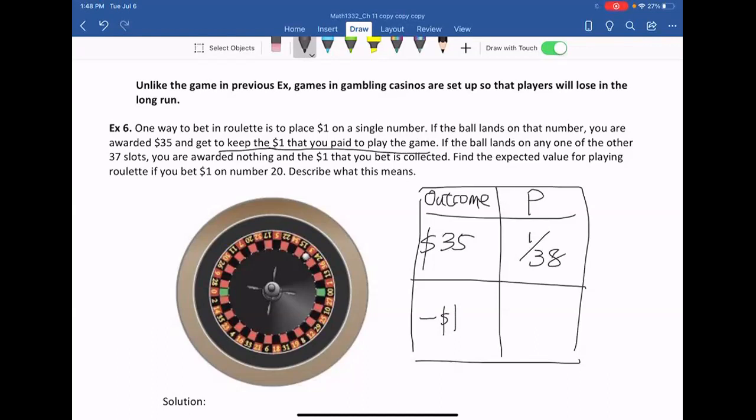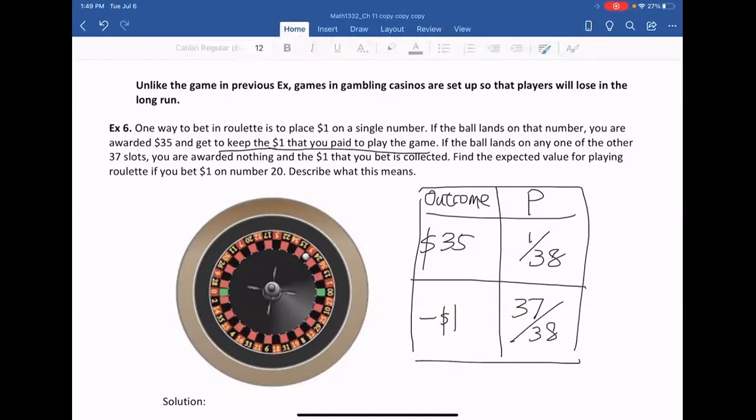The probability of the ball landing on the number I chose is 1 over 38 because in total we have 38 slots. The probability of losing $1, or losing the game, is 37 out of 38. It's landing on the slots except the number I selected.